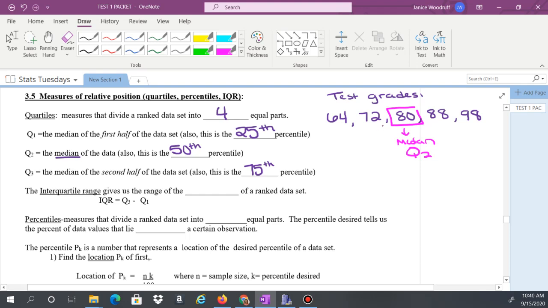So this is my bottom 50%. The median of this is quartile 1. Okay, this is the top 50%.